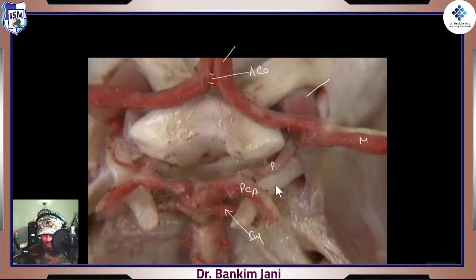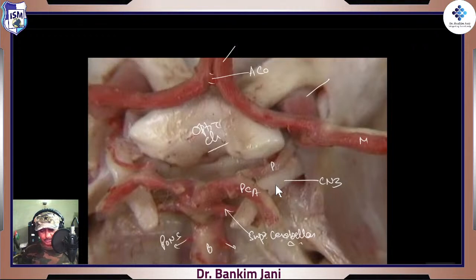And these are superior cerebellar arteries. And this is the basilar, and those small arteries which are coming out, they are all for pons. Awesome, right? And this is our cranial nerve 3, right? All good. And this is optic chiasma, right? This is optic chiasma.